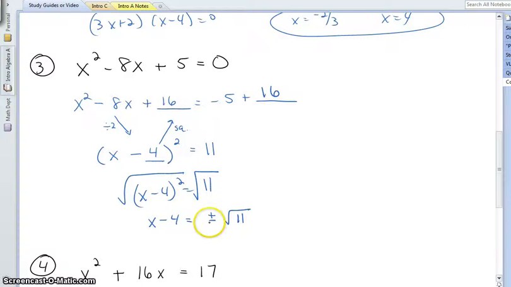I need both possible answers. It could be the positive or the negative part. Then I need to add 4 to both sides. Because the 4 and the square root of 11 are not like terms, I cannot add them together. So it becomes x equals 4 plus or minus the square root of 11. That is my final answer.